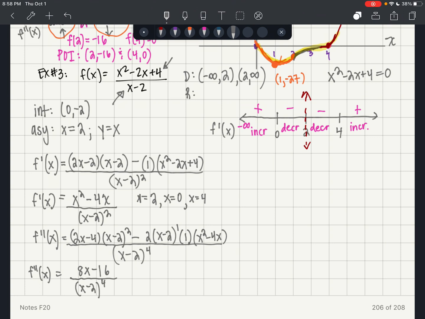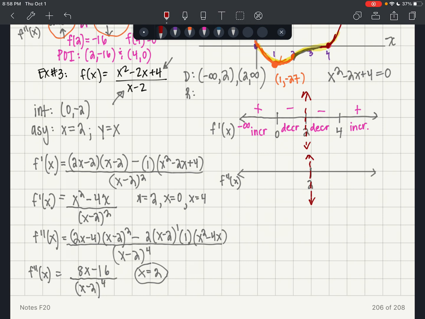So now I can draw my number line for my second derivative. And I've got x equals 2 is the value that comes from both setting the numerator equal to 0 and that denominator restriction. Now remember, at x equals 2, we have a vertical asymptote.